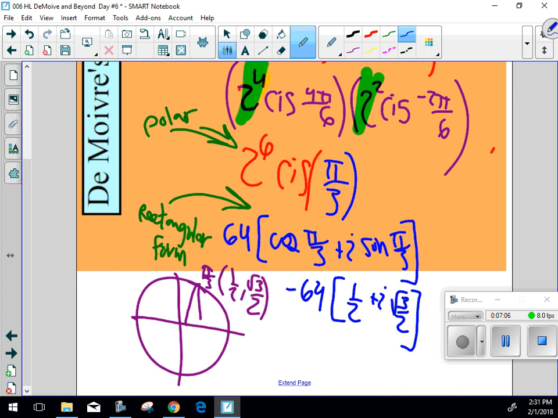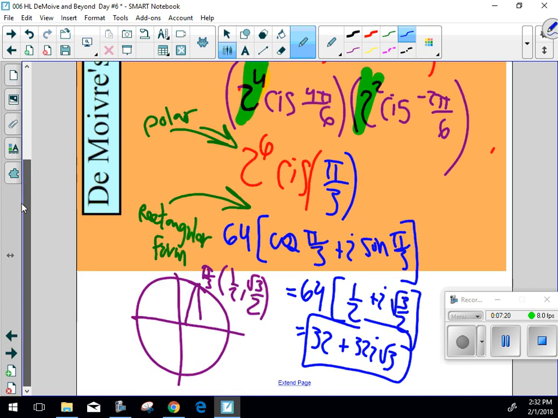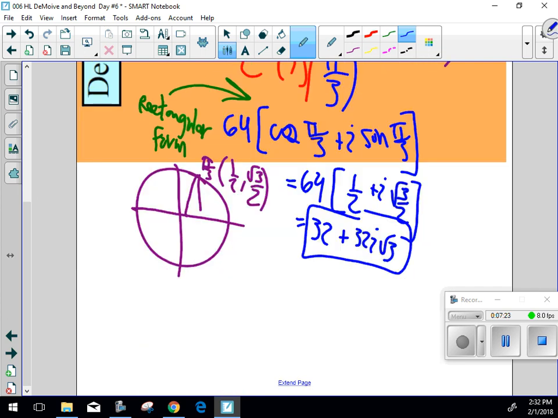And if you want to multiply that through, it's just going to be 32 plus 32I times the square root of 3. How weird is that? That you essentially took this to the 4th power, to the 2nd power, and then multiplied those together. Crazy, but we did it.